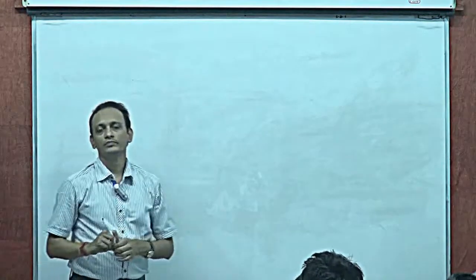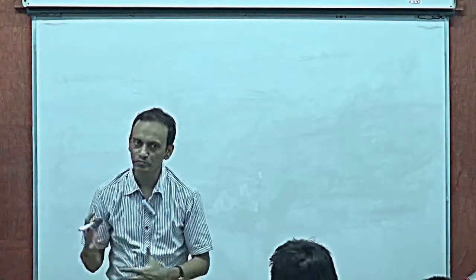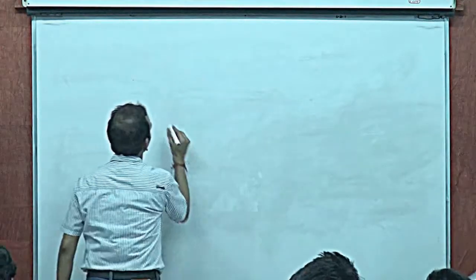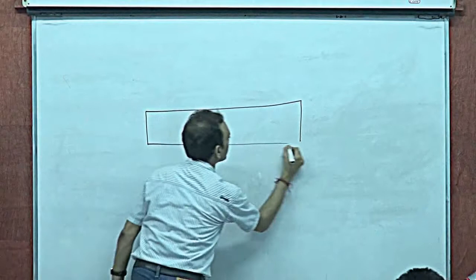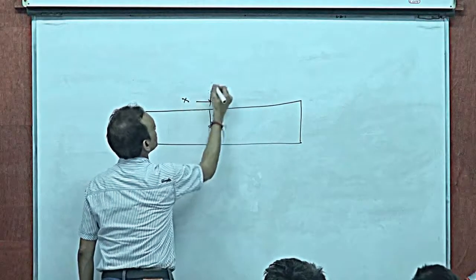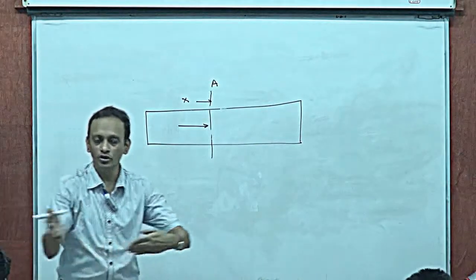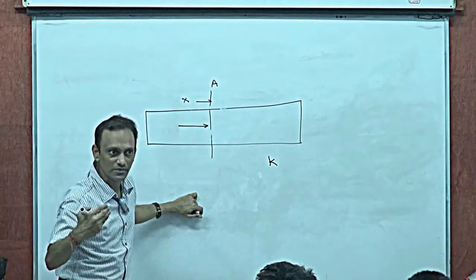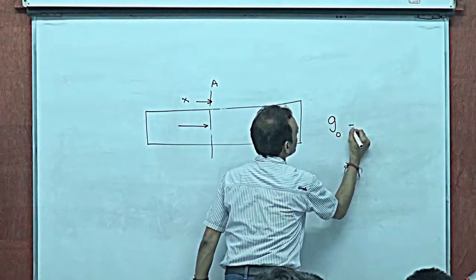Now let me look at the simplest form of the heat conduction problem. The simplest form would be when you have, let's say, a uniform cross-sectional area, heat flowing through a uniform cross-section. This cross-section at any given x is A. Heat flowing perpendicular to A. Uniform cross-section A, K equal to a constant, the thermal conductivity a constant, and no internal heat generation, G naught is 0.